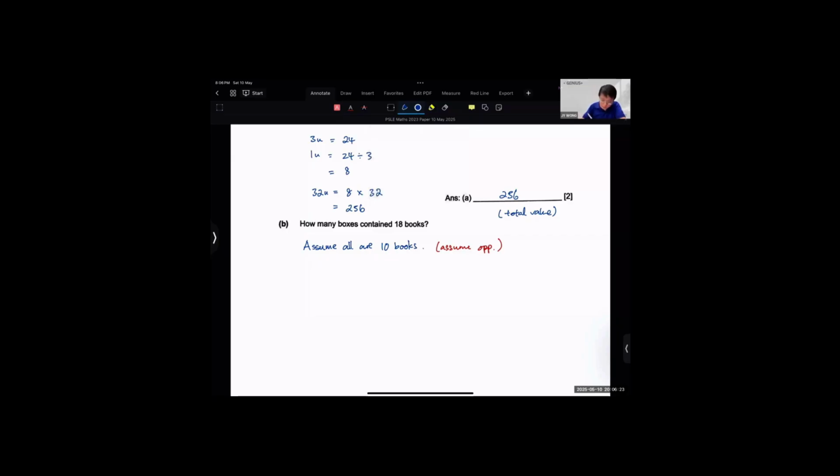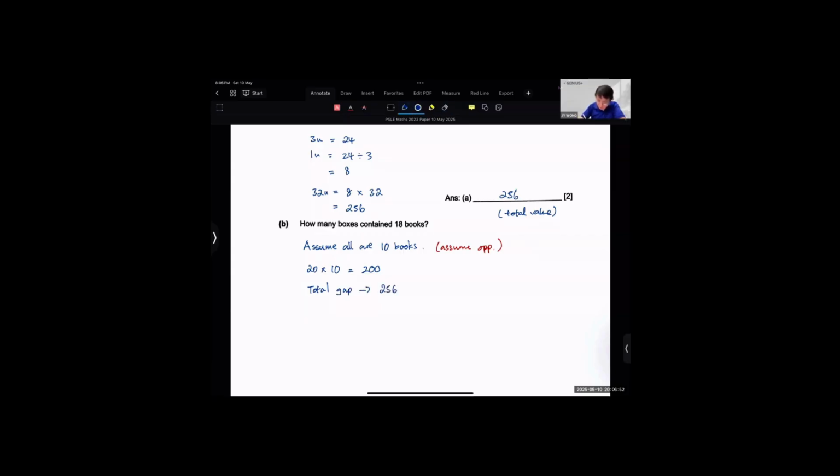If all 20 boxes are 10 books, I will have 20 times 10 to give me 200. So what's my total gap? Not 200, I have 256.